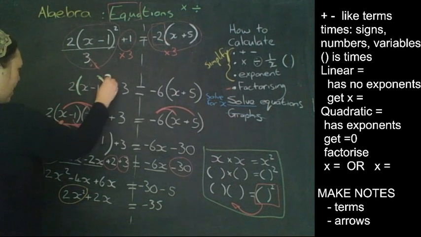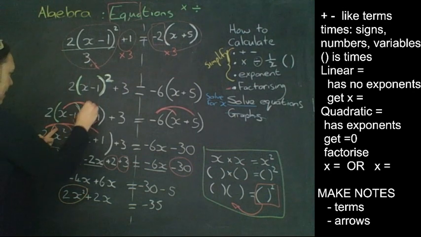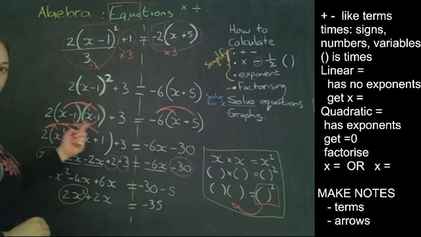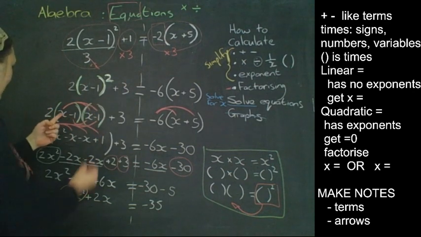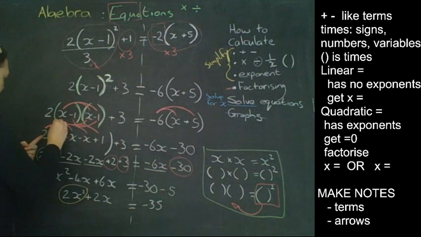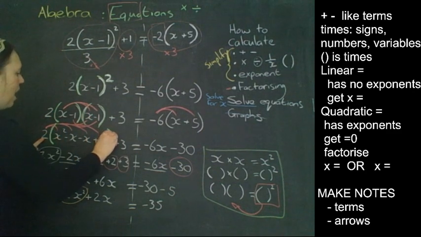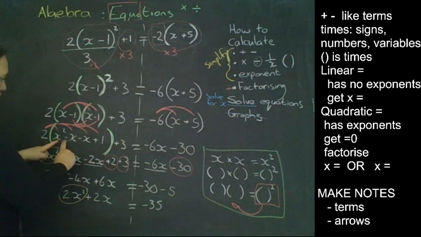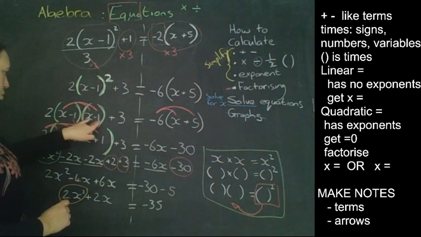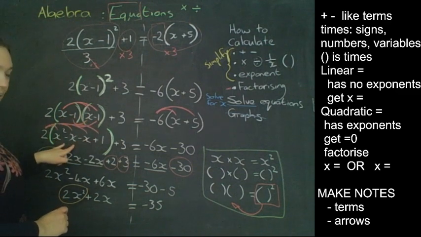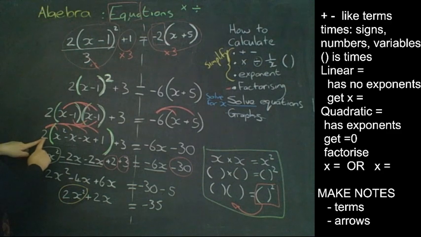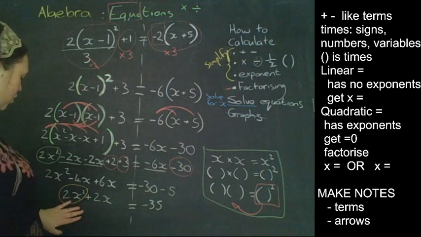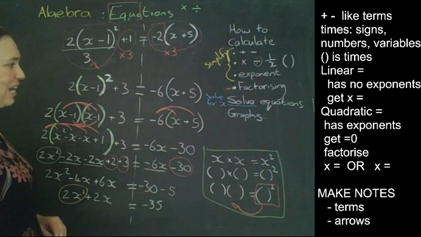So bracket squared becomes that same bracket times that same bracket. And then we had multiplying out the bracket, so it becomes one big long bracket with 4 terms. Remember I said if you times 4 things together, you're going to get 4 answers. And only then did we times in the number that stands in front of it. Okay, so those were the important things we had here. We'll do the factorizing a bit later.